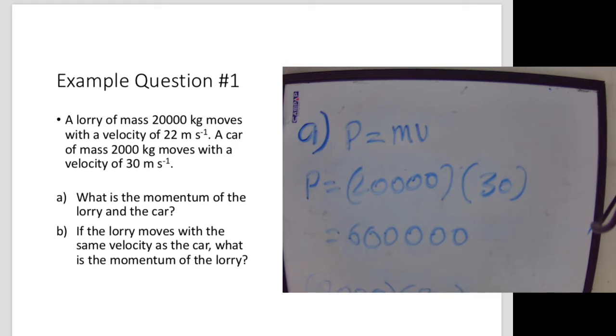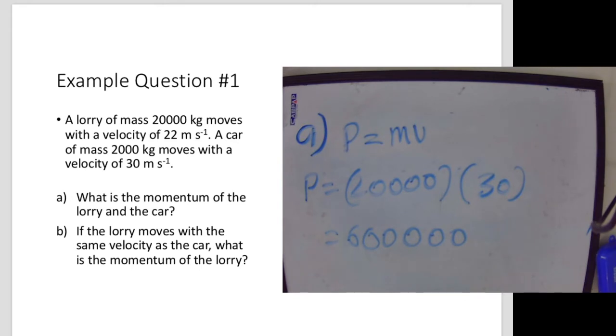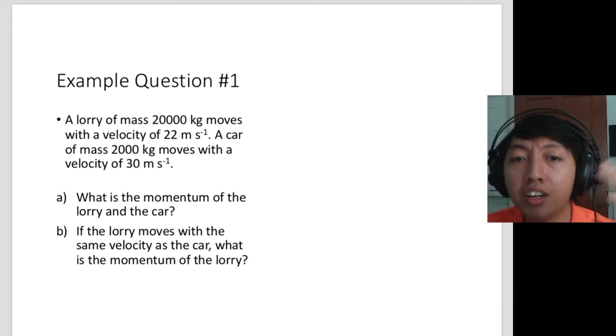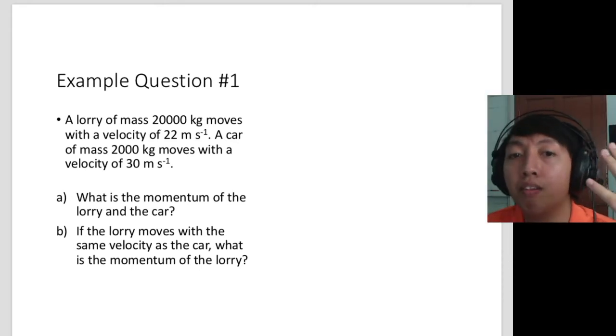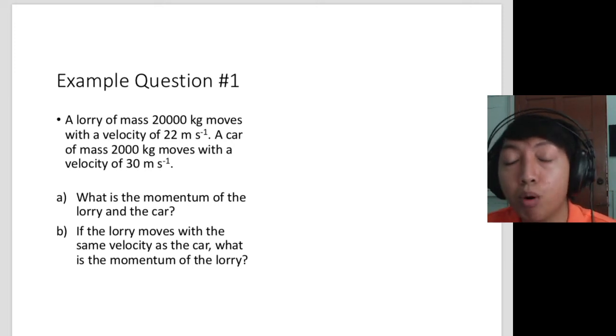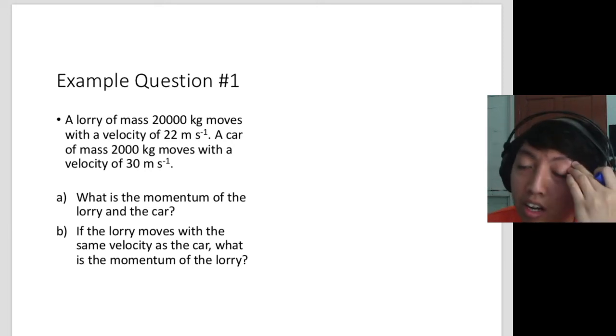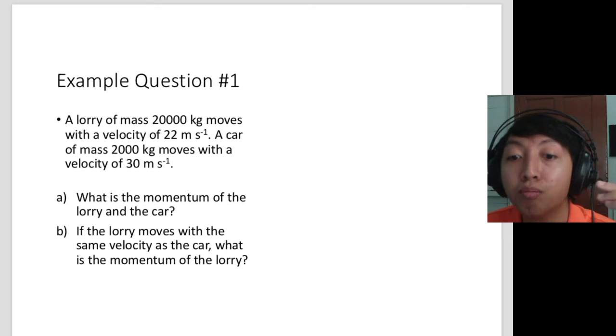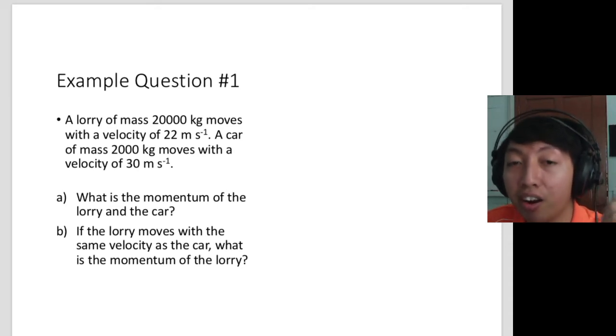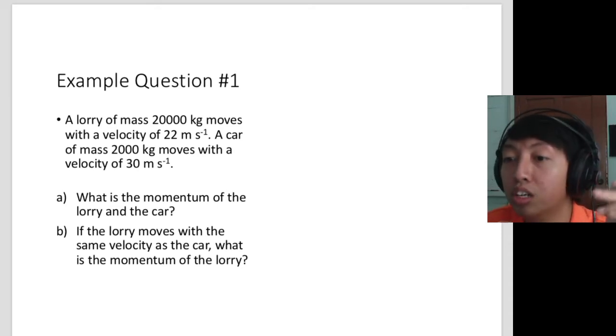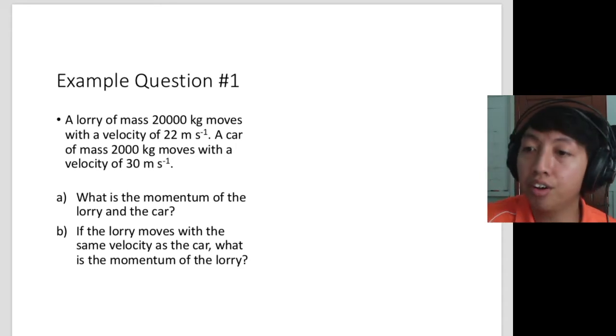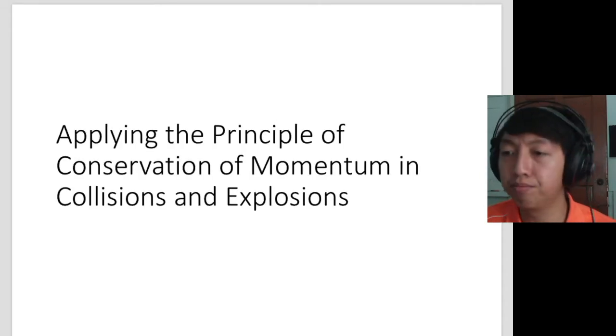The car was only 60,000, and the lorry was 600,000. So you can see the relationship between mass and momentum. Something that's heavier really creates a lot of momentum. And so it's harder to move and also harder to stop. Okay, very good.